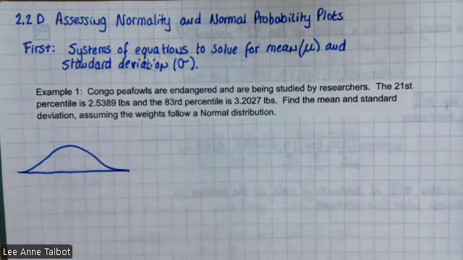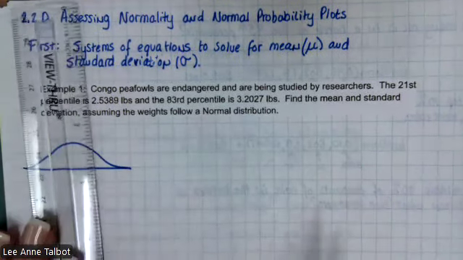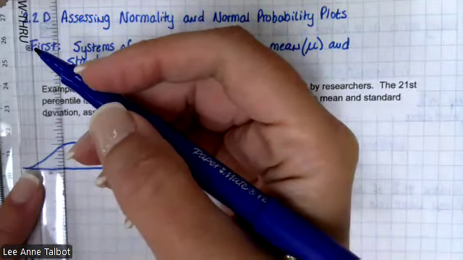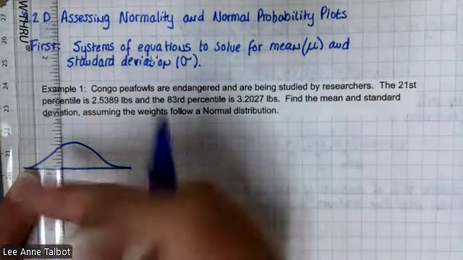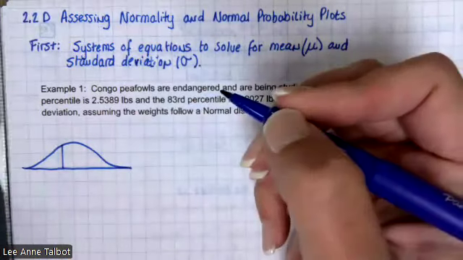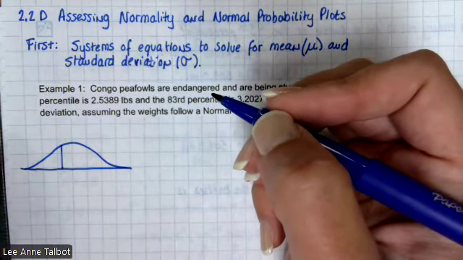So first, draw a little baby curve. And just from our previous research, we know that 21% of the way in. So this says the 21st percentile. So 21% of the way in-ish would be like here-ish. These do not need to be perfect.